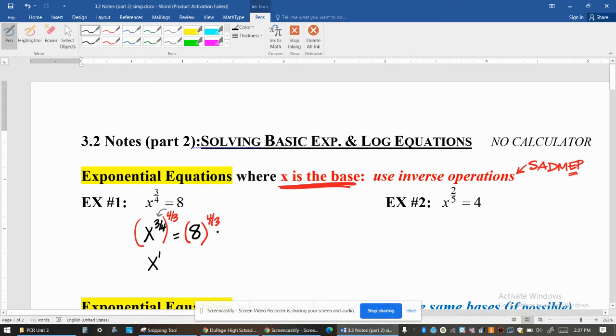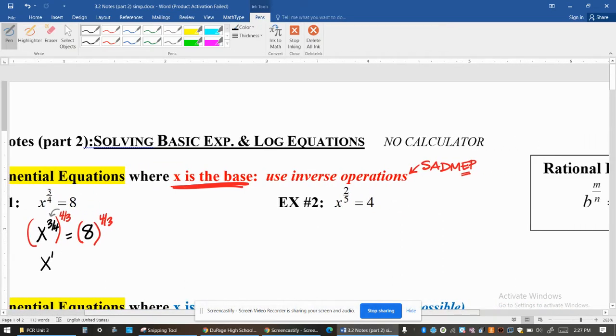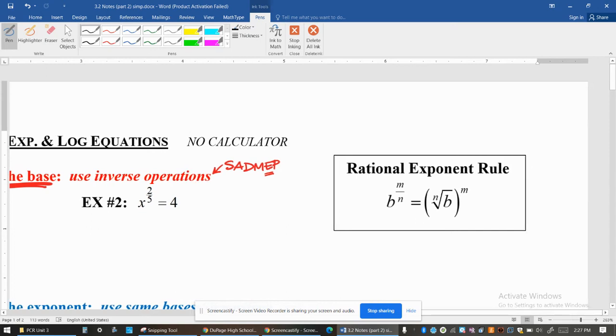Now, 8 to the 4/3 power, you need to do without a calculator. So for that, I want to remind you that we talked about a rational exponent rule in a previous lesson. So rational exponents are actually roots. The number at the bottom of the fraction is the type of root. And the number on top of the fraction, it could be a 1 or it could be any number besides 1, that's the exponent, okay?